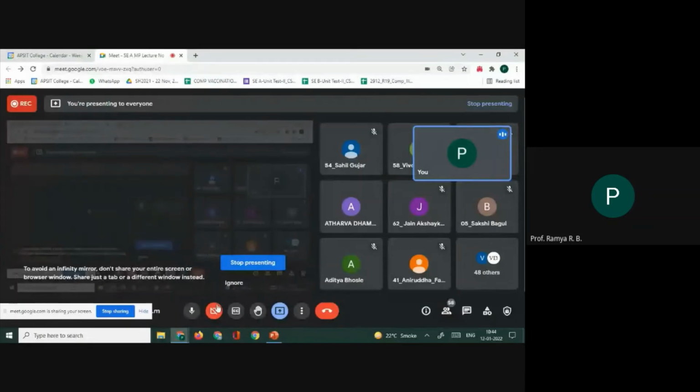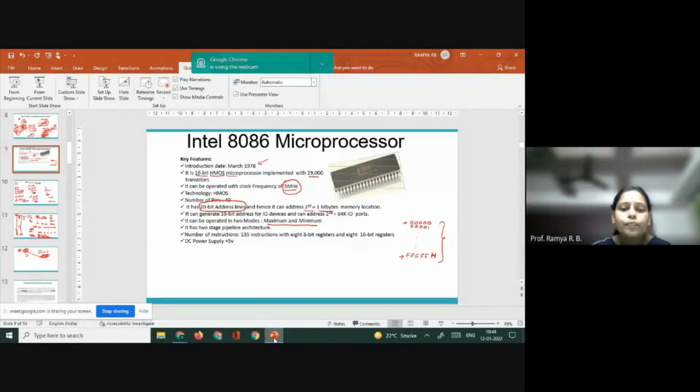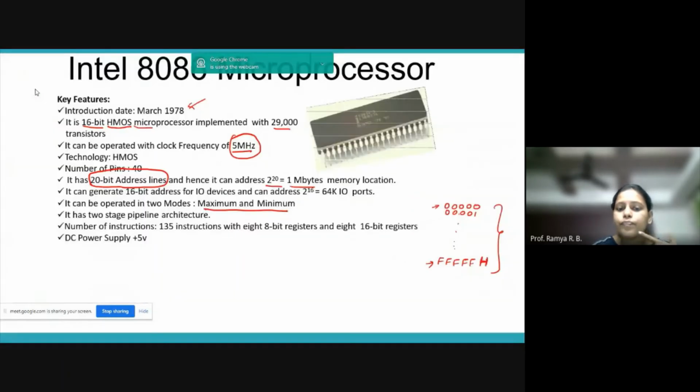That means it is in uniprocessor configuration mode. If you say 8086 is in the maximum mode, then it means along with 8086, you have interfaced other co-processors also. You want to do some additional operations, so you have interfaced other co-processors. That means 8086 is not the only processor. There are other processors. That means multi-processor configuration.